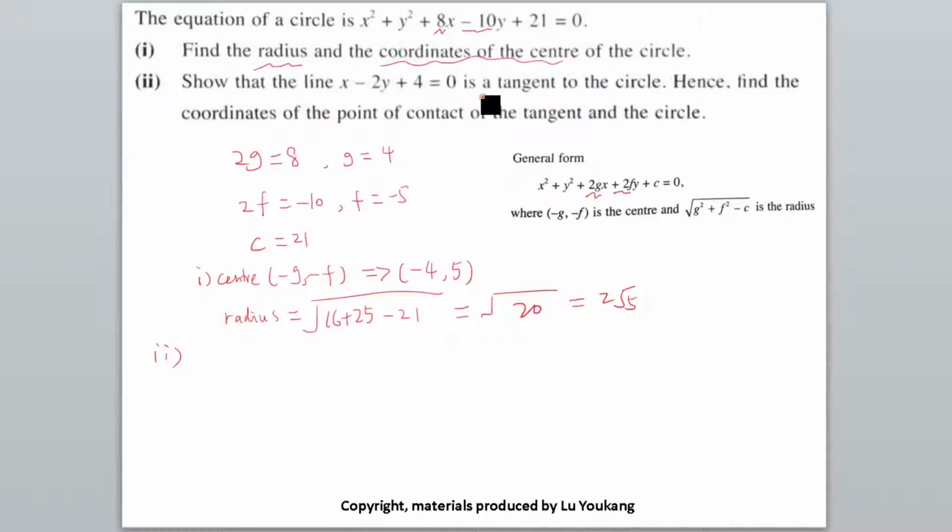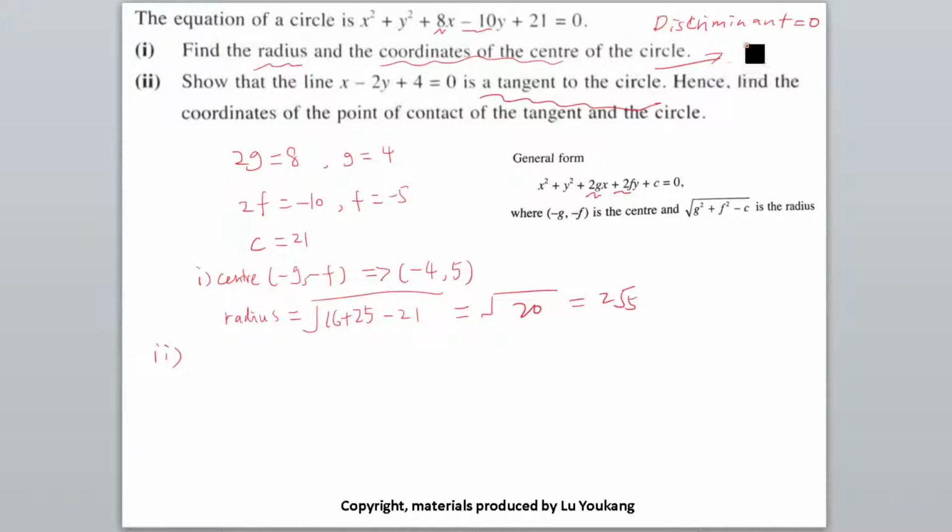Now comes to part 2. We are asked to show that the line x minus 2y plus 4 equals 0 is a tangent to the circle. The key concept here is if a line is tangent to the circle, this means there is one solution.